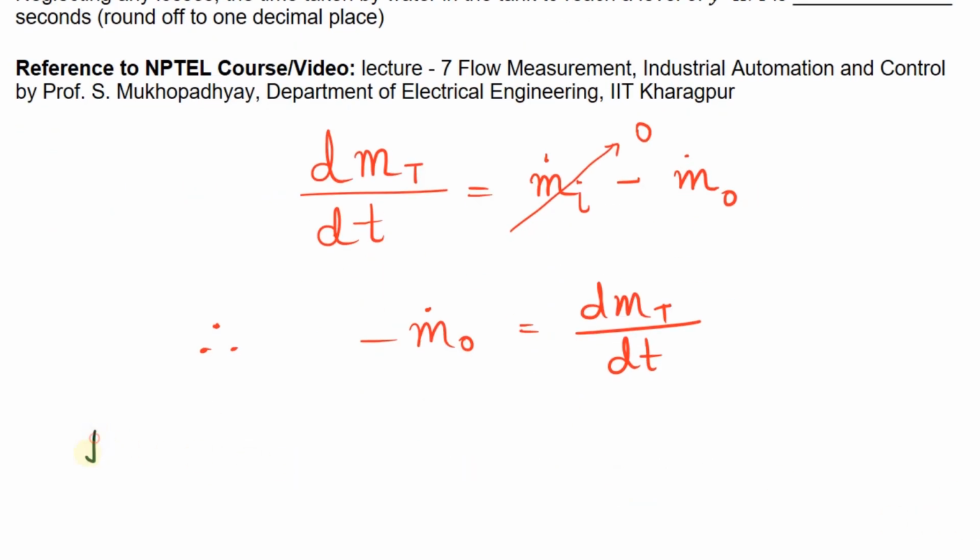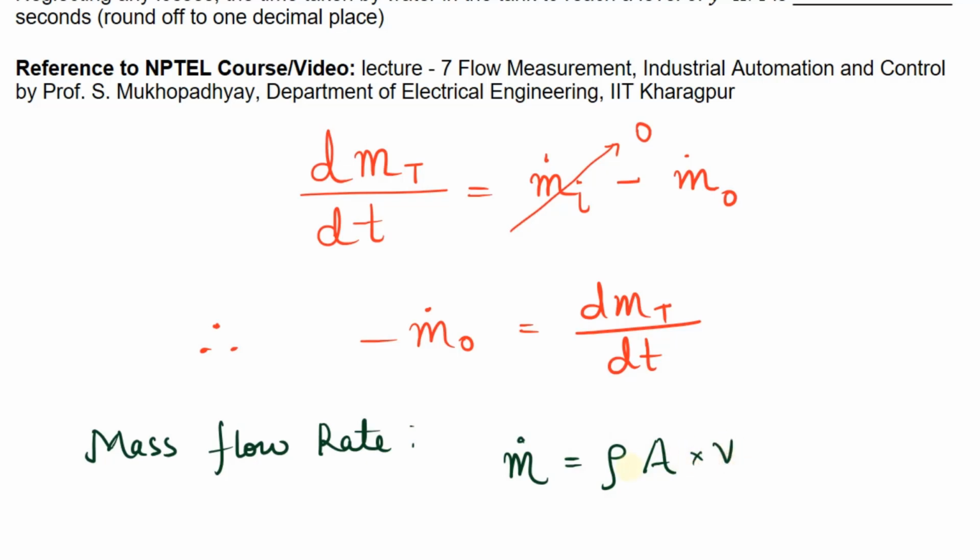Now we know the mass flow rate of water in this case. This m dot can be written as rho, that is the density, into area multiplied by the velocity with which it is moving out.